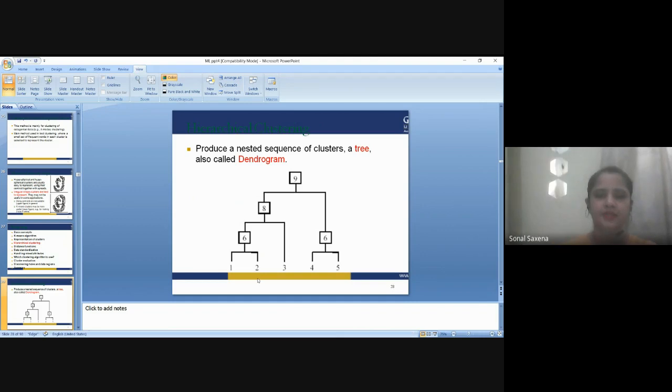As you can see here, hierarchical clustering produces a nested sequence of clusters, like a tree, or we can say a dendrogram. Can you see the diagram here? This particular structure is called a dendrogram.